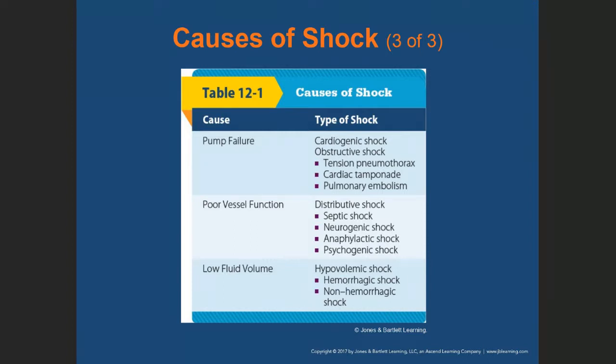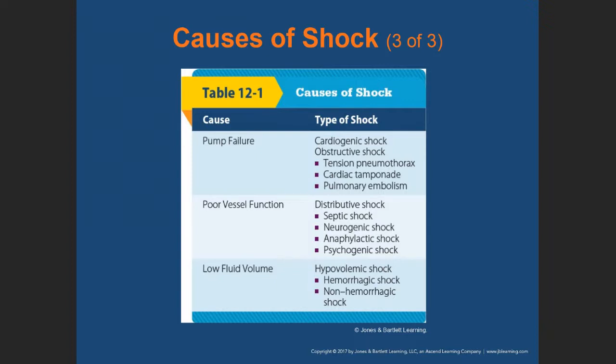With distributive shock or poor vessel function, the issue there is the blood vessels are too dilated. So there is too much dilation of the blood vessel occurring. And there are numerous things that can cause the blood vessels to dilate completely. And that will give us the 4 types of distributive shock.